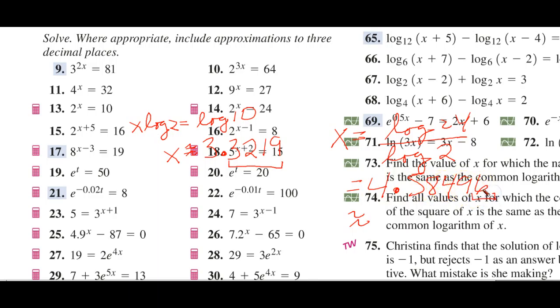Now since this is a 6 and we're rounding to 4 decimal places, this then becomes a 10, this becomes a 5. So our answer then is 4.5850 approximate.